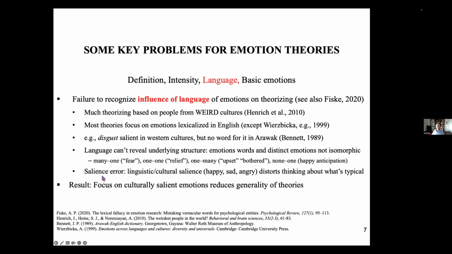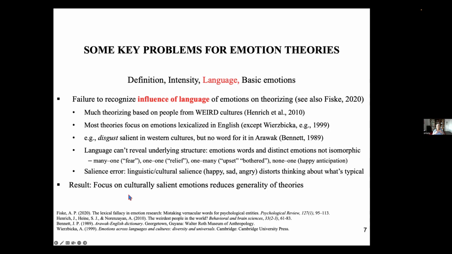So all of this leads to what I call the salience error. That is, that emotions that are culturally and linguistically salient and accessible, like happy, sad, angry, and so on, tend to distort thinking about what's typical in emotional life. And so if disgust and sadness are thought to be typical emotions, they don't do so well in Arawak, because they can't even talk about them in any direct way.